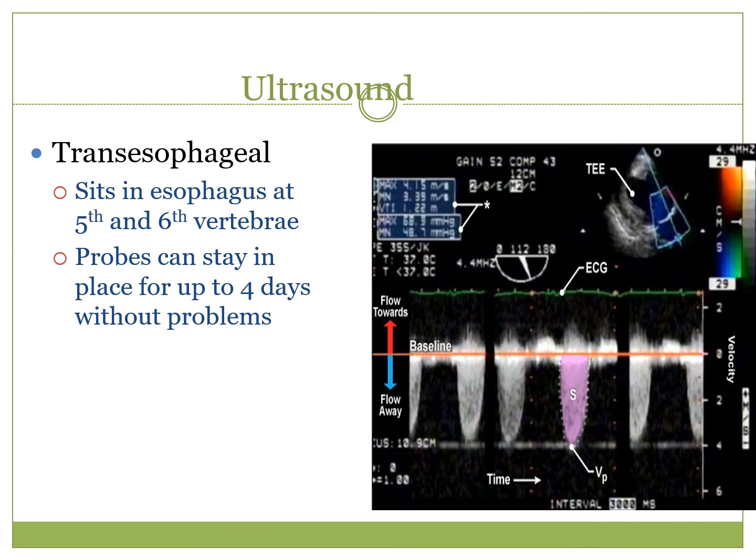It sits at about the 4th or 5th vertebrae. The probe can stay in place for up to 4 days without problems. It is positioned posteriorly to assess descending aortic blood flow, so keep in mind what blood flow you're looking at.